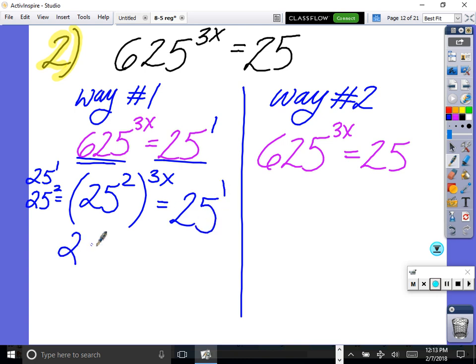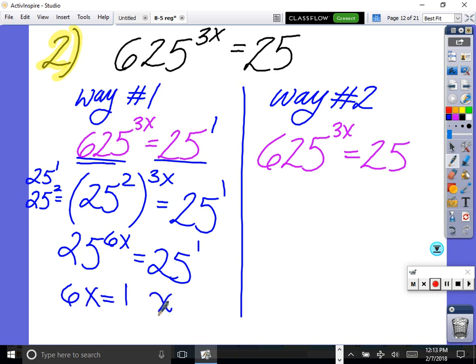So we really have 25 to the 6x equals 25 to the first. So what's my true statement? 6x equals 1. Therefore, x equals 1/6. Just as easy to do it way number 2 in this one, where there's only one variable. We could log base 625 both sides.